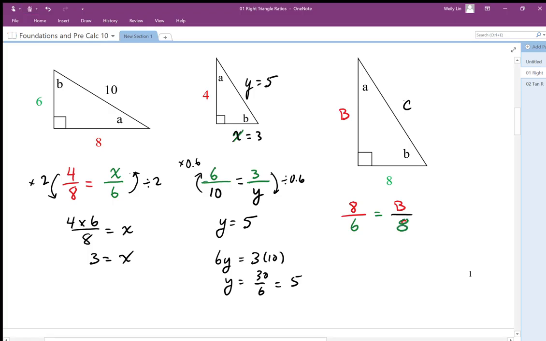So I did this to this is equal to this to this, and using the colors, it should be fairly clear that we did it correctly.